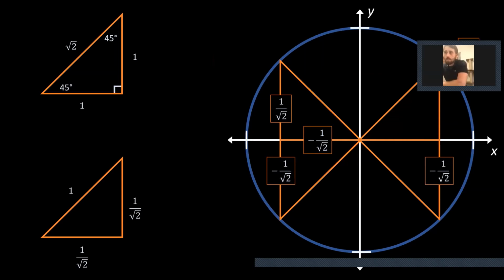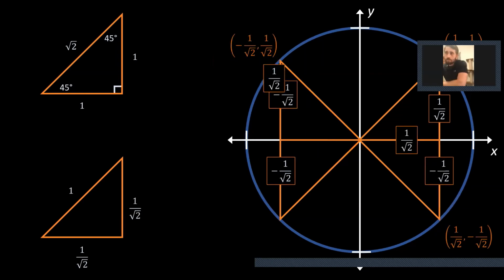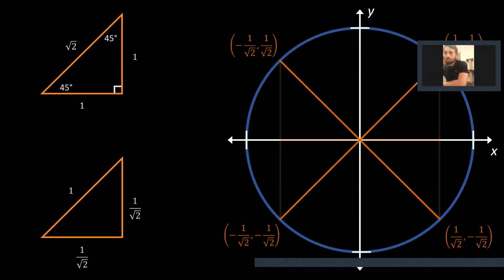Well, I can take each of those side lengths and create a coordinate. And 4. So I've got 4 coordinates right there. And this is, in essence, all the unit circle is about: finding these coordinates, and these are things that we can use. So let's get rid of the triangles. And basically, we've got these 4 angles right here. We know the coordinates of those 4 angles.